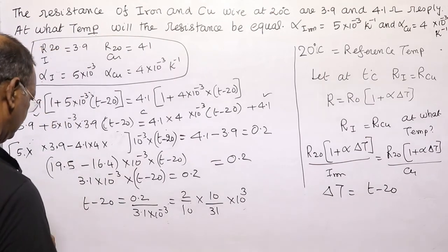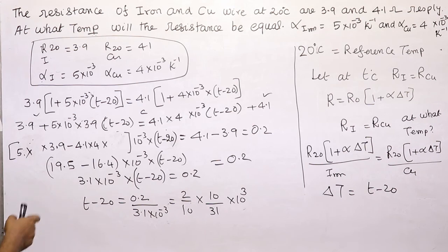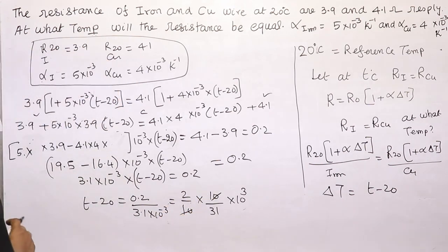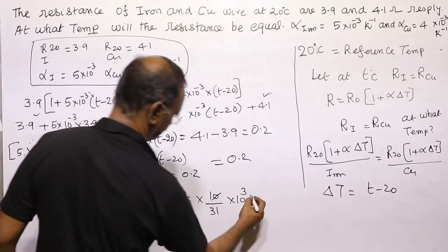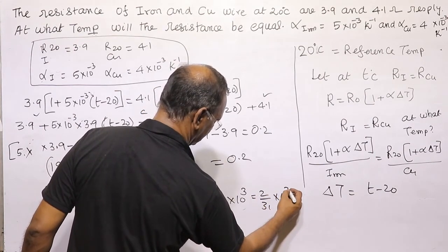So T minus 20 is equal to 0.2, that is 2 by 10, divided by 3.1 into 10 to the power minus 3. How much does it come out to be? 2 by 10, the 10 and 10 get cancelled. Now this has become 2 by 31 into 10 to the power 3.